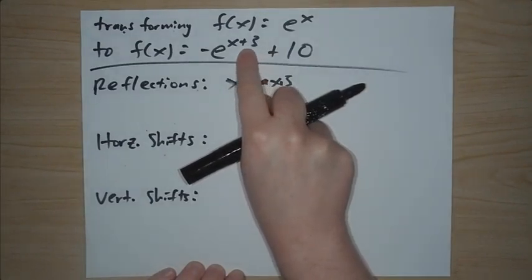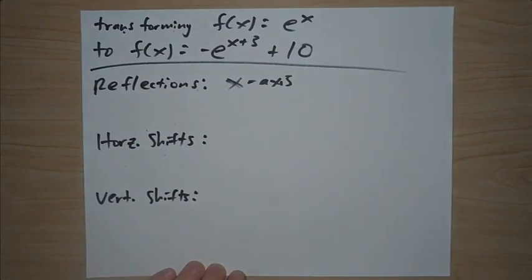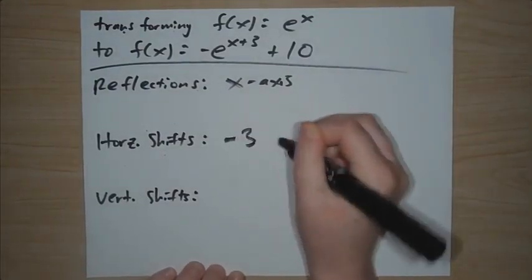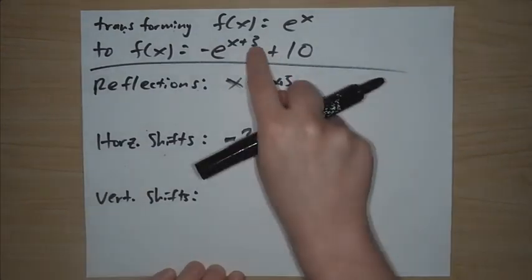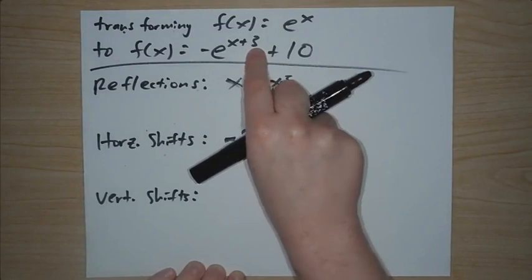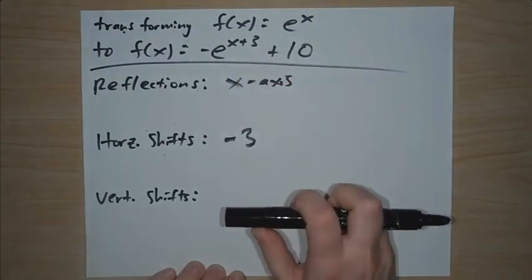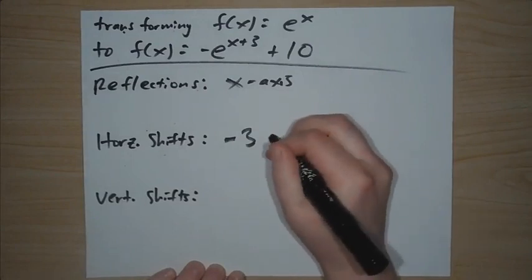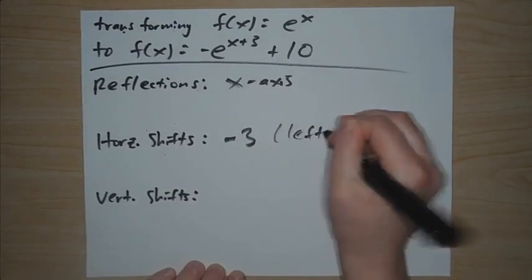So here it's telling us, when it's a positive 3, that the graph itself moves left 3 spaces. So there's a horizontal shift left, or negative 3 units. If this was x minus 3, it'd actually be to the right 3 spaces. So it's either negative 3, or we can say left 3.